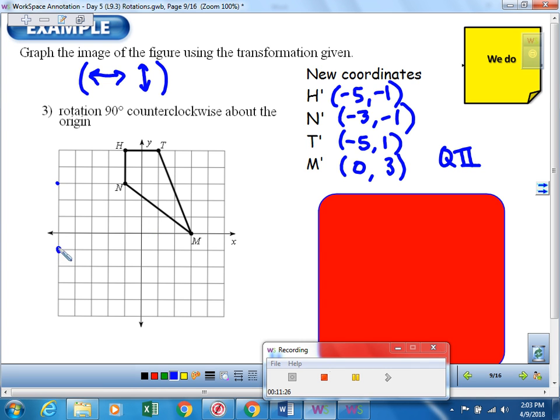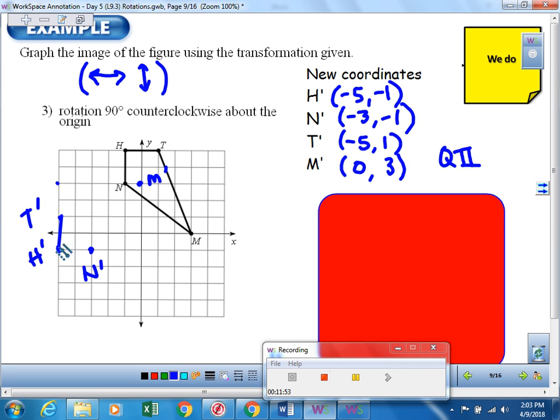-5, -1, H prime. -5, 1, C prime. -3, 1, down 1. That is N prime. And then 0, 3, M prime.